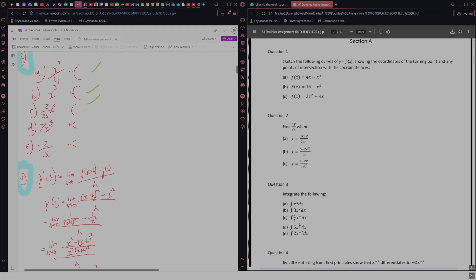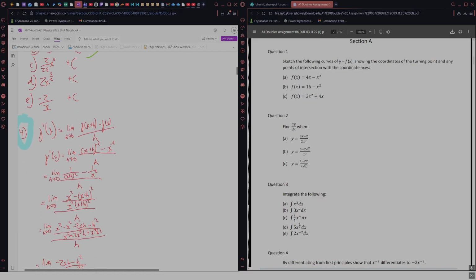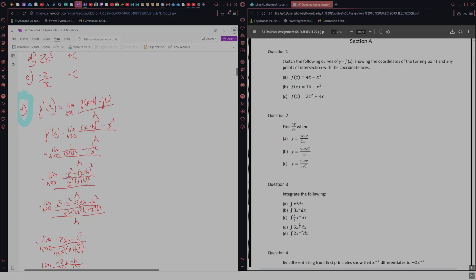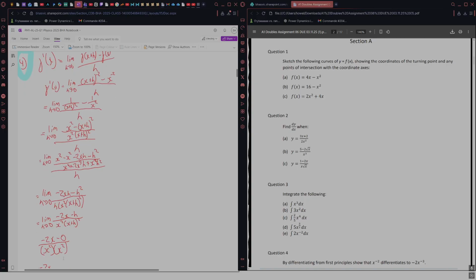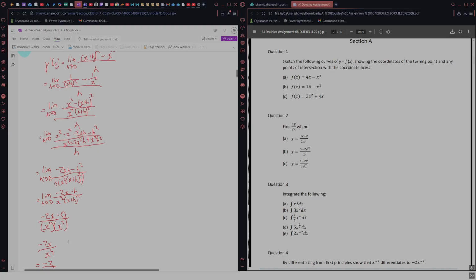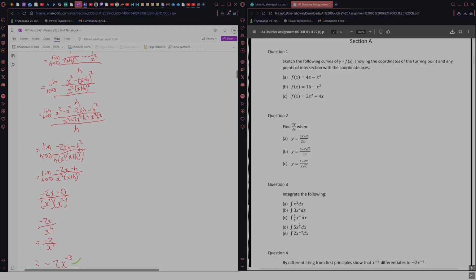And I'm combining the fractions together, then expanding it. I think then I refactorized it because you don't need to expand the denominator of the fraction on the numerator. Then you expand the numerator, cancel out the x squareds, factorize x and h out, cancel them, and then you get this here. And you can cancel the x's, and then you get that.